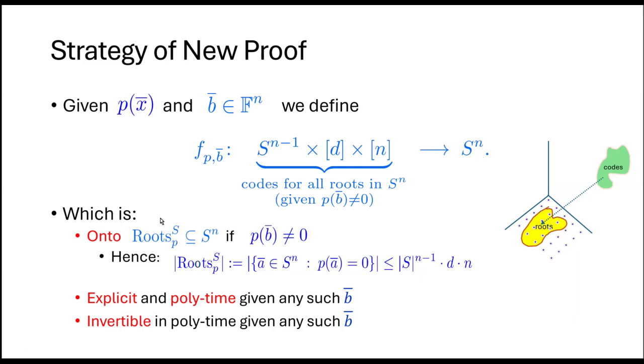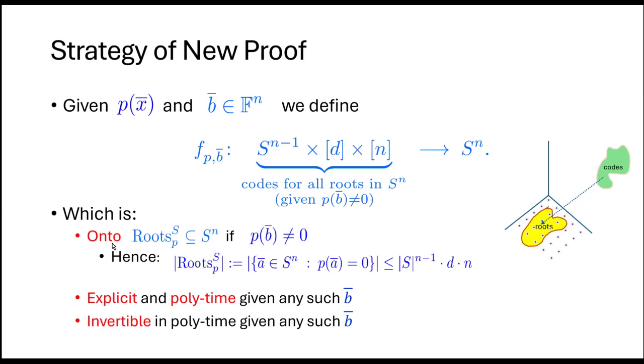Now it will have the following properties. It's going to be codes for all roots in S to the n, given the b we got is good, namely b is a witness that P, the polynomial, is non-zero.